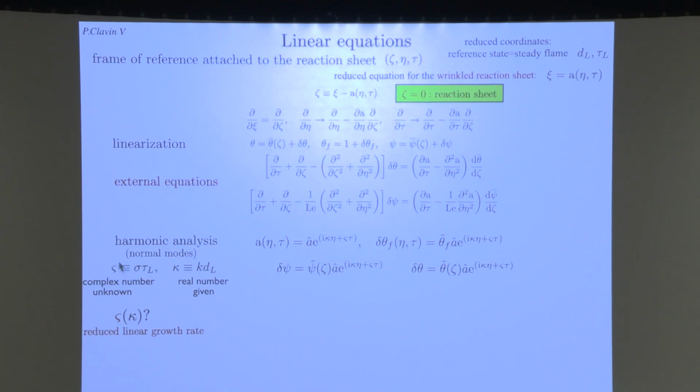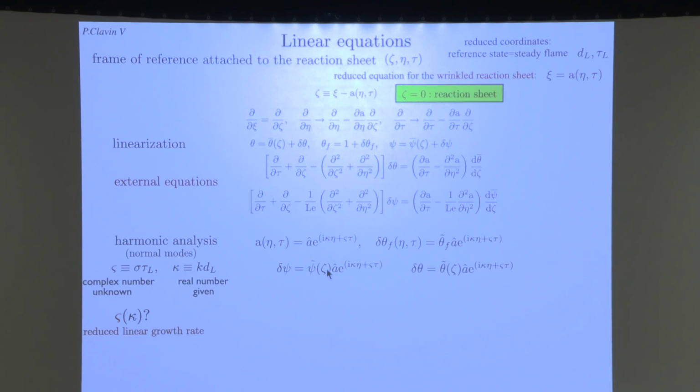Once again, the complex number, which is an unknown that you have to look at, is reduced by the transit time of a fluid particle across a flame, and the wavelength kappa is reduced by the flame thickness.